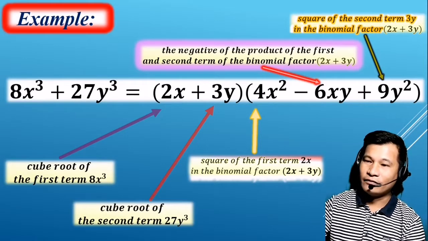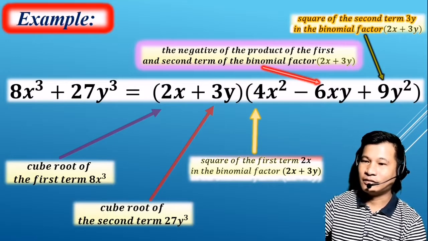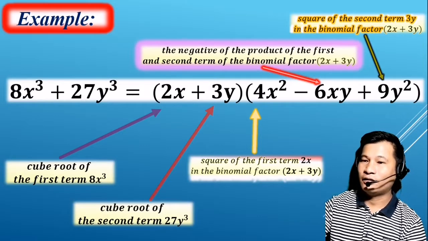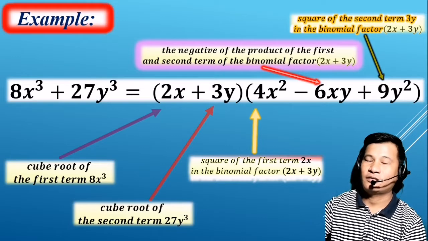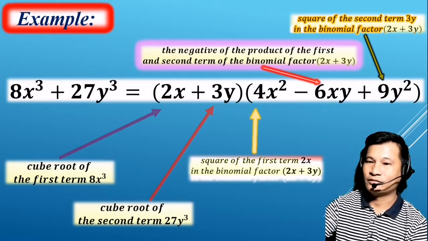Take note of the sign of the binomial factor, that is positive, because of the sign of the given sum of cubes, or the given cubes, which is addition or positive.